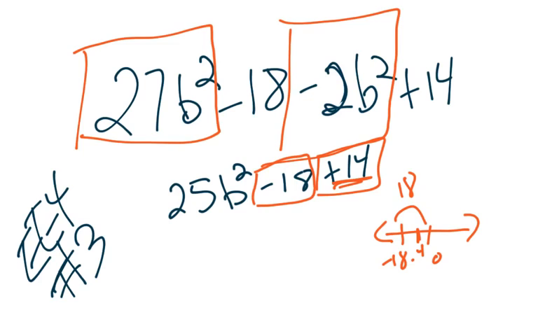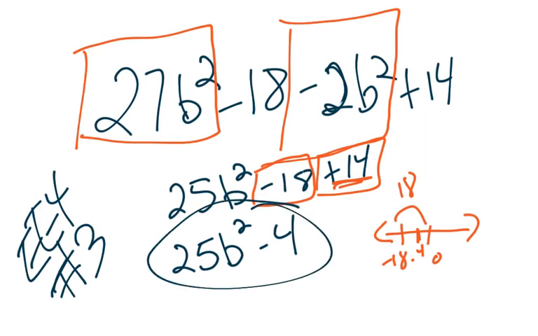Okay, if you pop that in a calculator, negative 18 plus 14, you're going to get negative 4. So your answer here is going to be 25b squared minus 4. Okay, and so your answer for number 3 on EE4, you're going to have to solve it similar to this. Okay, that should be helpful.